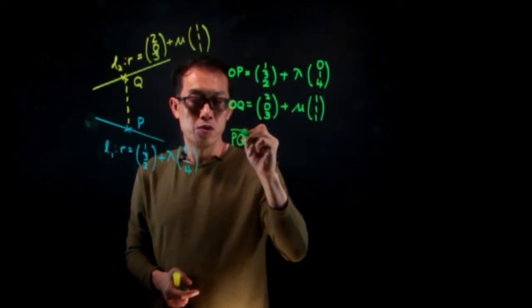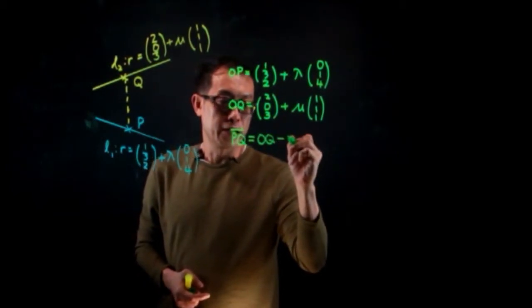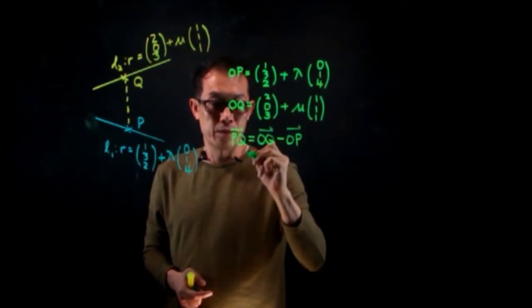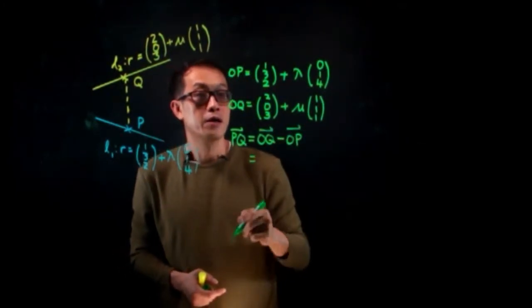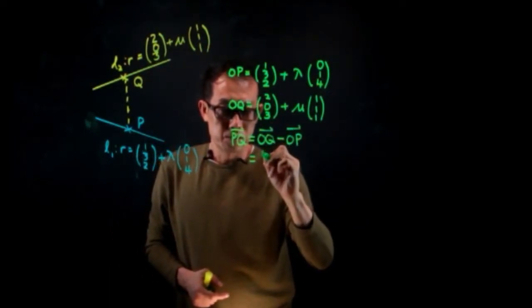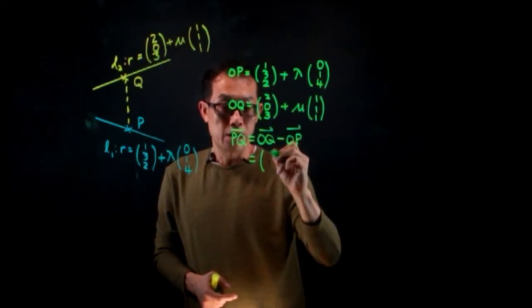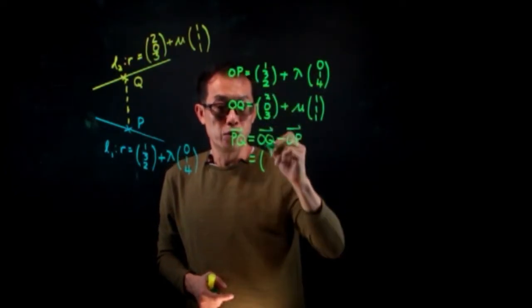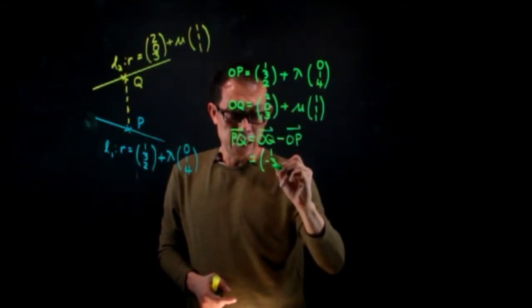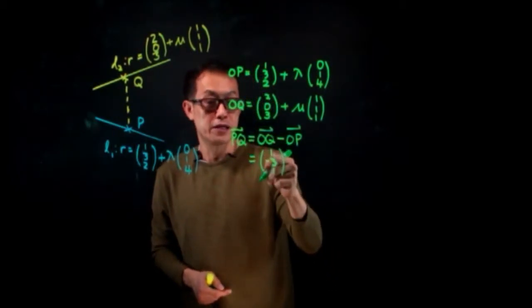Vector PQ equals OQ minus OP. So this minus this. 2 minus 1, I get 1. 0 minus 3, I get minus 3. This minus this, I get 1. So it's (1, minus 3, 1).